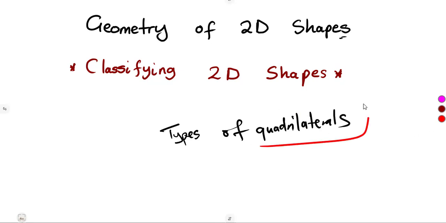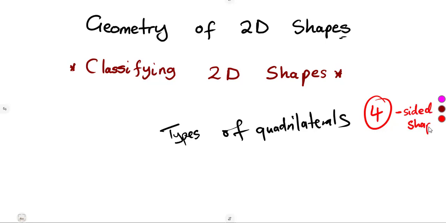What exactly is it that we are to refer as a quadrilateral? From the word quad, which is four, meaning to say, when we are to consider shapes, we are considering shapes which are referred to as four-sided shapes. These are four-sided shapes.